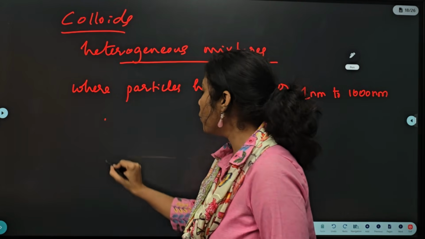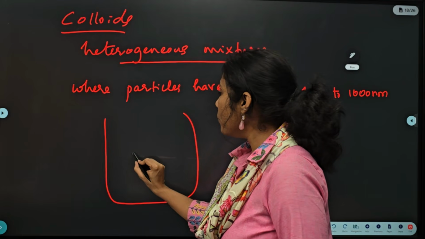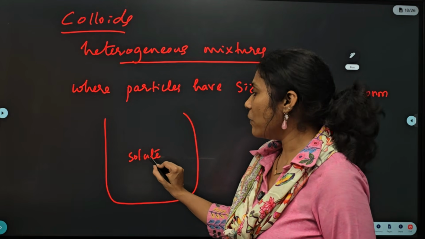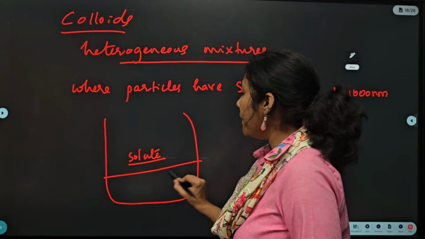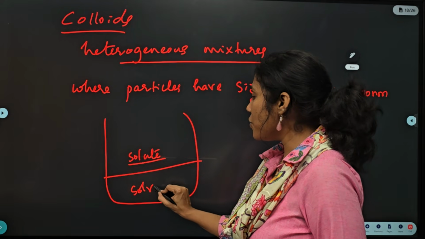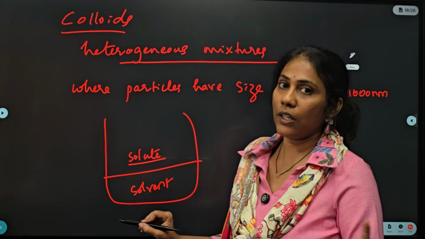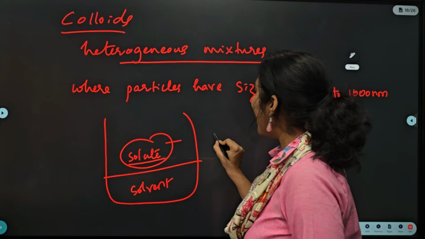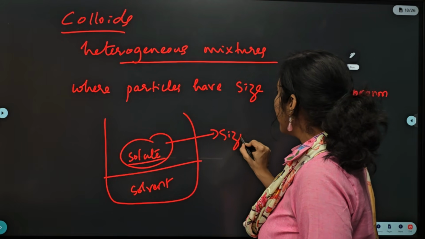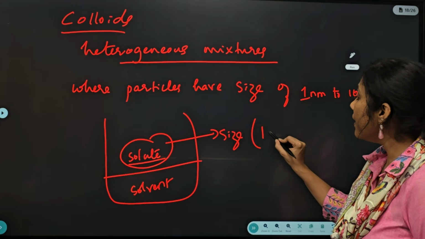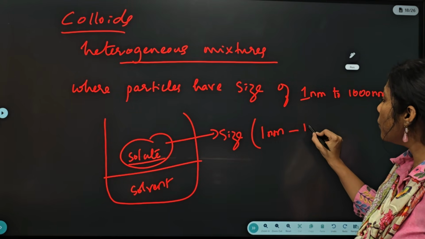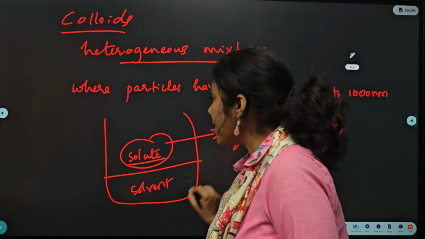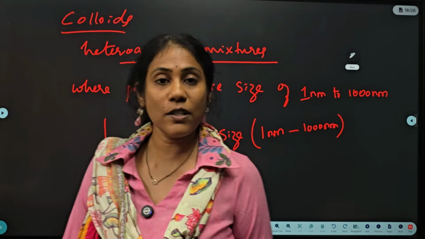Okay, so we all know that when you have a solution, the component which is present in a smaller amount is called solute, the component which is present in a larger amount is called solvent. All of that I told you in the previous class. Now if this solute particle size falls under 1 nanometer to 1000 nanometer, then such a solution is called a colloidal solution.